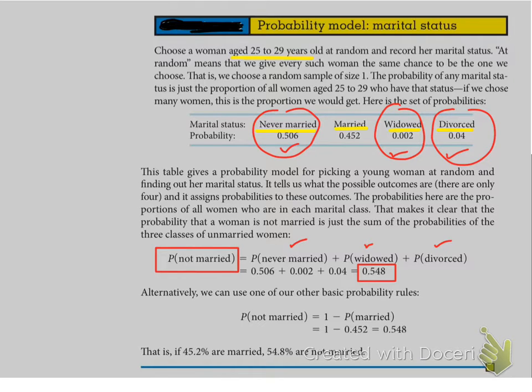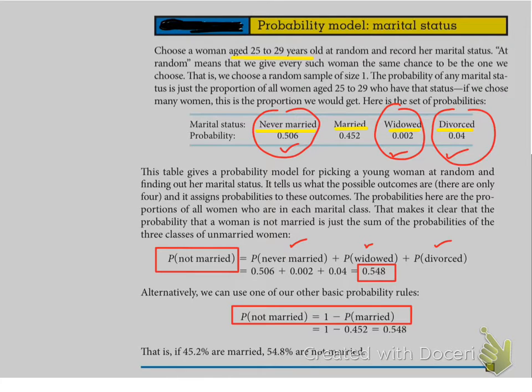There is another way of finding the not married probability: 1 minus the probability of married. This is the way you always find it. If you're finding the probability of an event not happening, you find 1 minus the probability of that event happening.